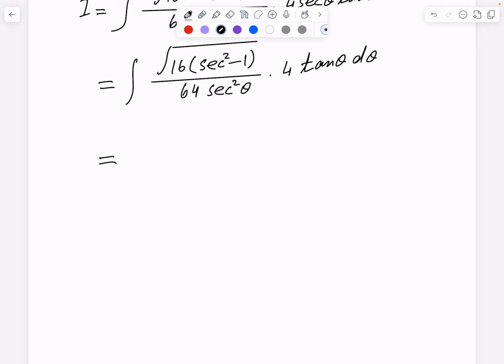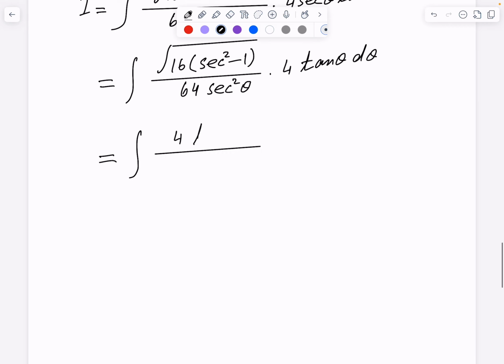So here we have the integral of, 16 under the square root is 4, and secant squared minus 1 is tan squared, under the square root is just tan theta, and multiplied by this tan theta it makes tan squared theta, and this 4 multiplied by this 4 becomes 16.